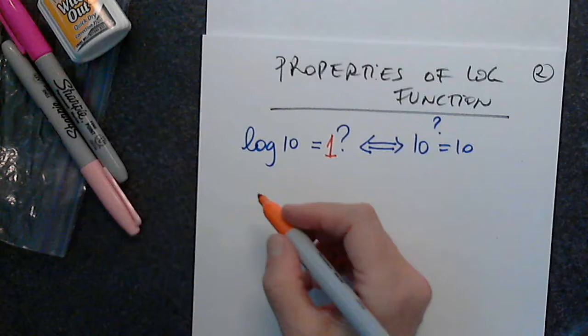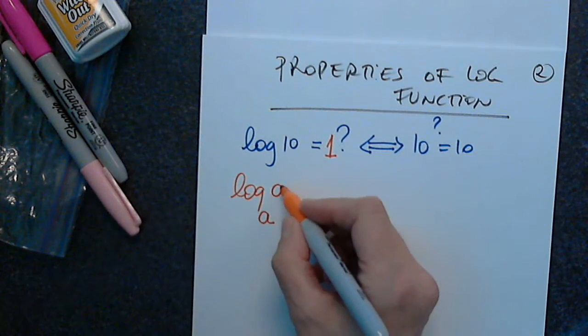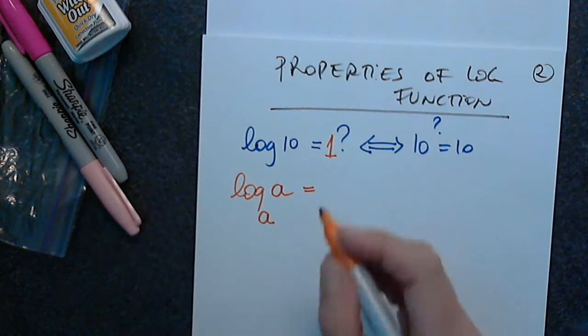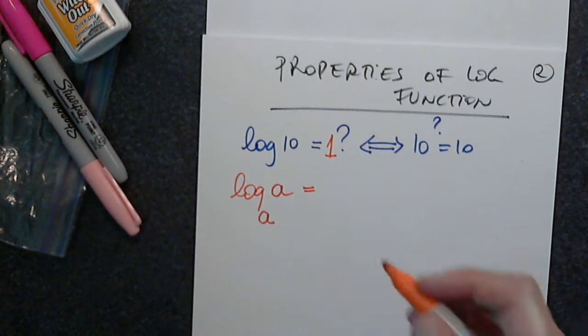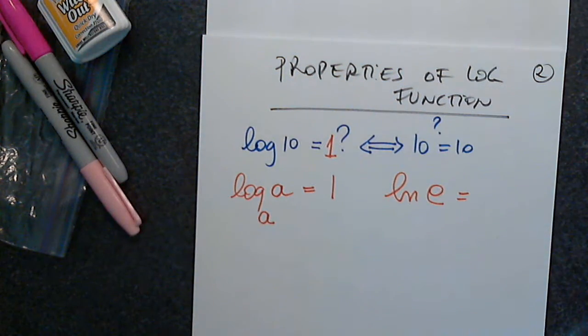So in conclusion, log of a in base a forever, what will this be? 1. What about natural log of e forever? What will this be? You don't have to say anything. What is the base here? e. There is no base of 1.